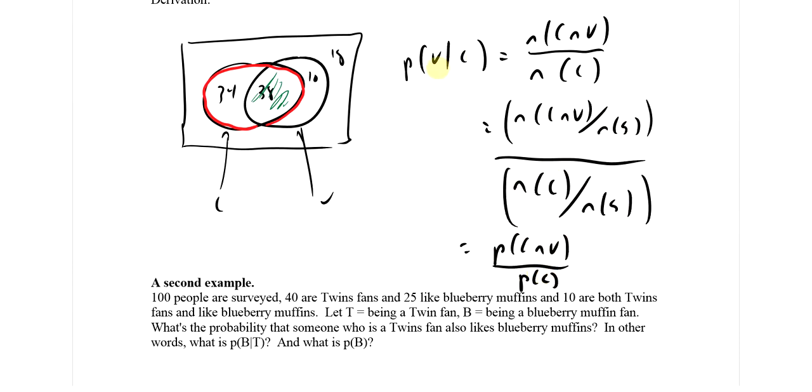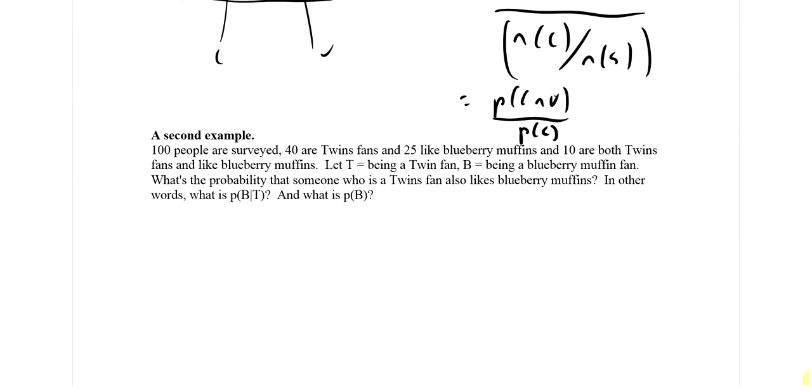So the probability of V given C is the probability of the intersection divided by the probability of the thing that comes first. Vanilla given chocolate, probability of intersection divided by probability of chocolate. And so I always think of it as how many people are in the vanilla and chocolate as a proportion of everybody who likes chocolate. Okay, so here's another version.